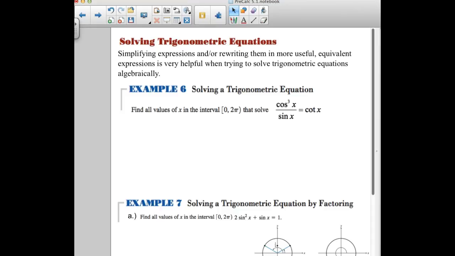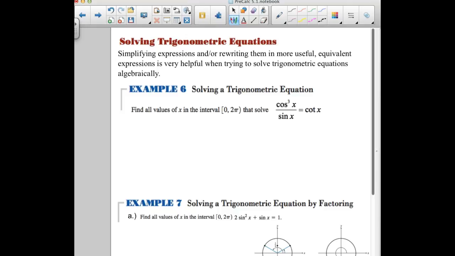So the first example here says find all values of x in the interval from 0 to 2 pi, so within one rotation around our unit circle, that solve the equation cosine cubed of x divided by sine of x equals cotangent of x. So again, one trick is to convert things into sines and cosines, because all of our other trig terms can be defined in terms of sines and cosines.